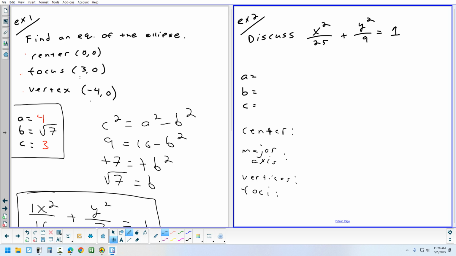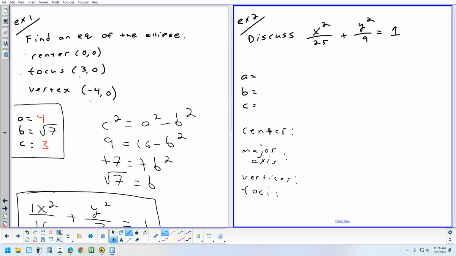All right, so whether I give you a bunch of facts and then ask you to write the equation, or I give you the equation and then I ask for all the facts, you always start out with figuring out A, B, and C. You have to get those first. Okay, so what is A in this case? Yeah? 5. Okay.